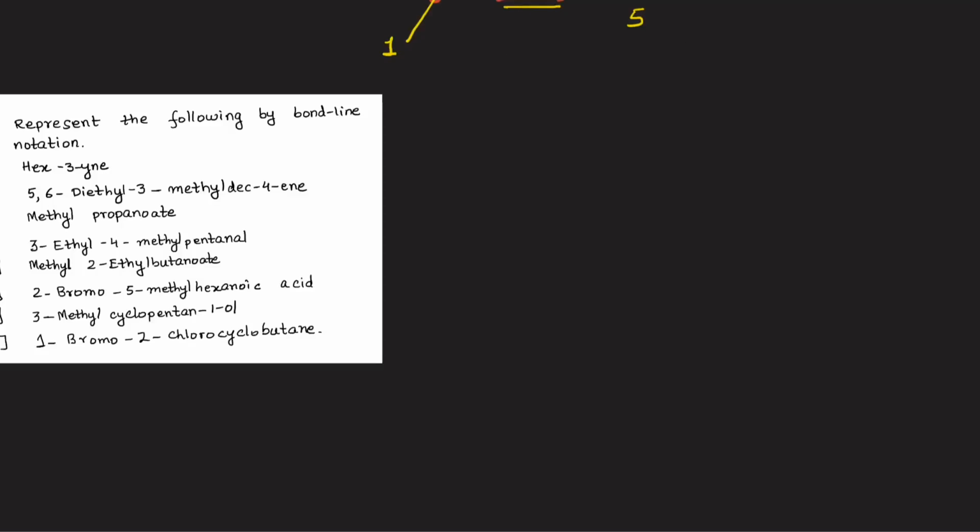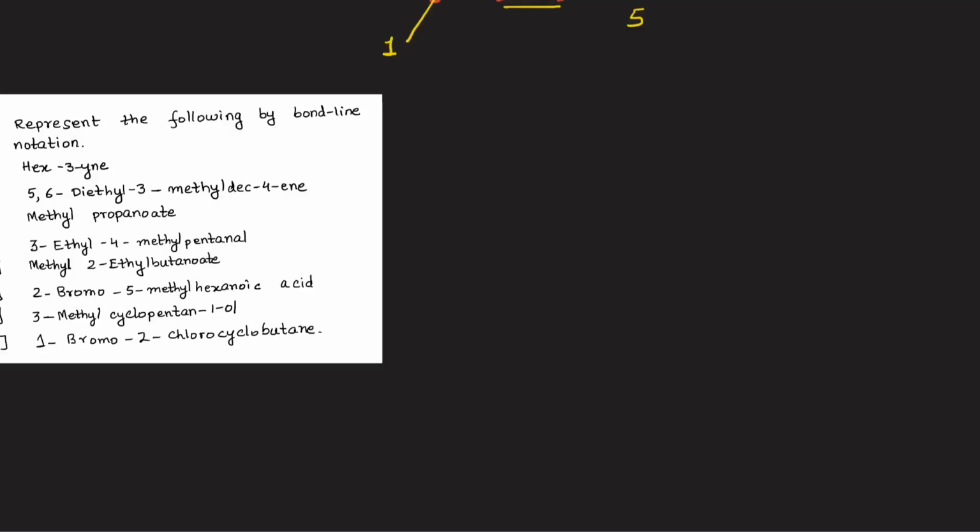Now go ahead and try 5,6-diethyl 3-methyl dec-4-ene. Now in this, come to the word root, as was our focus during the writing of the structural formula. Dec-4-ene means my main chain has 10 carbon atoms.